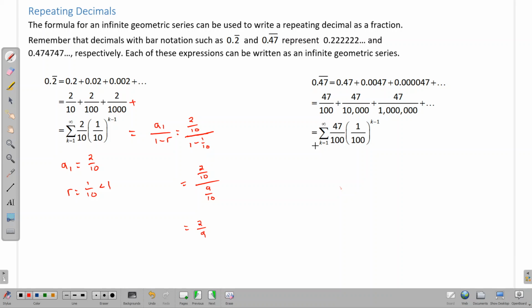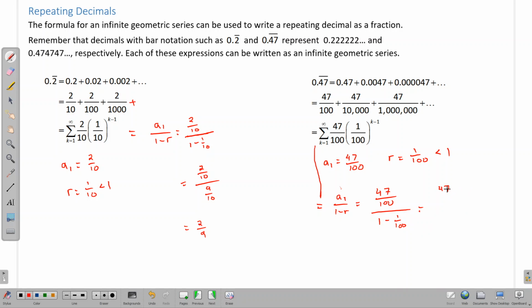Okay, so again, we know A1 is equal to 47 over 100. We know R on this one is 1 over 100, which is definitely less than 1, so it's going to work again. So this whole thing will add up to A1 over 1 minus R, which is 47 over 100 divided by 1 minus 1 over 100.